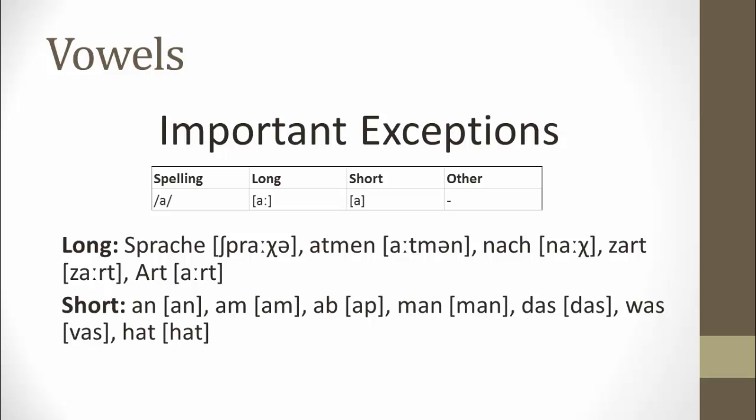Just quickly, we're going to go through some important exceptions. For the written A, for the long exceptions, we have Sprache, atmen, nach, zart, art. And short: an, am, ab, man, das, was, hat.